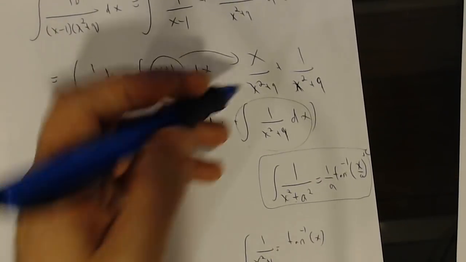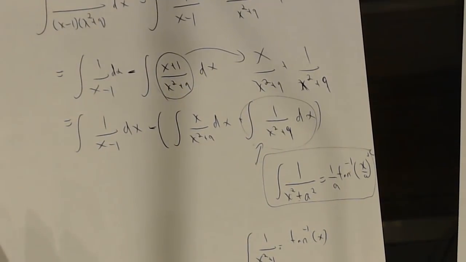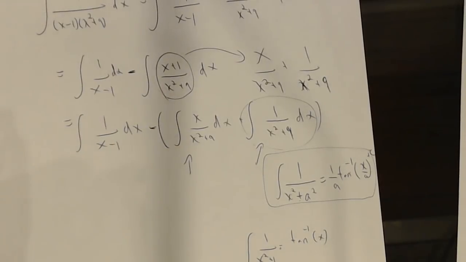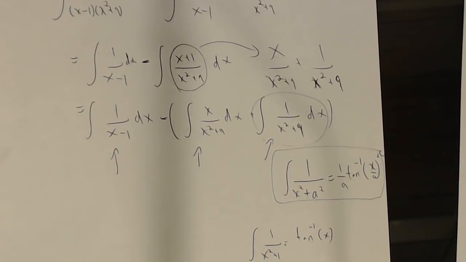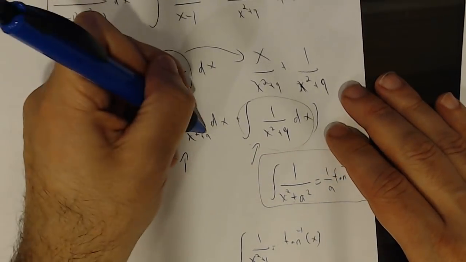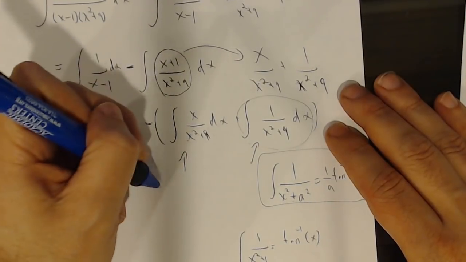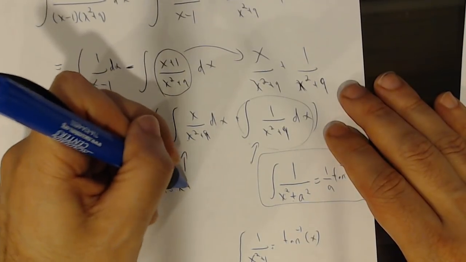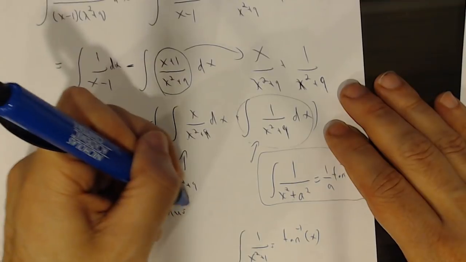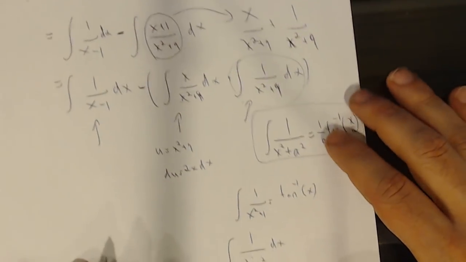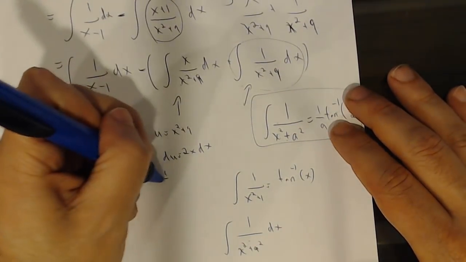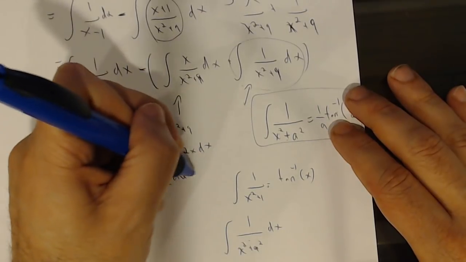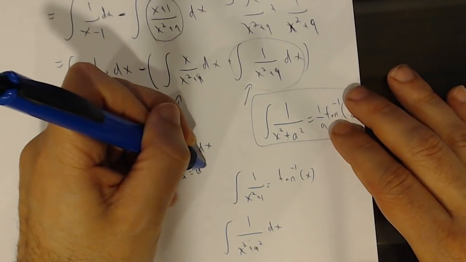So this one we could find the antiderivative of. This guy will use u sub, and then this guy we already could find the antiderivative of. To use u sub, we would say let u equal x squared plus 9. Du will be 2x dx. And what does that mean? 1/2 du is equal to x dx.